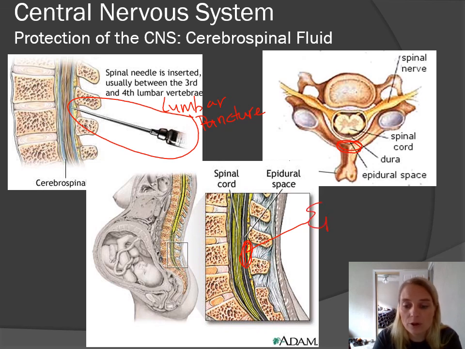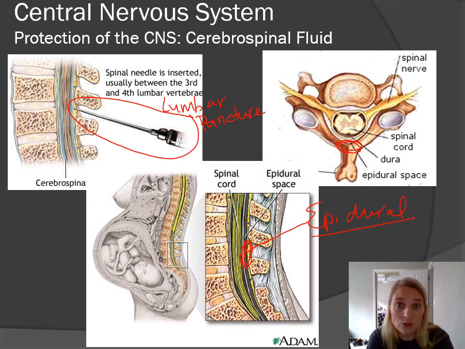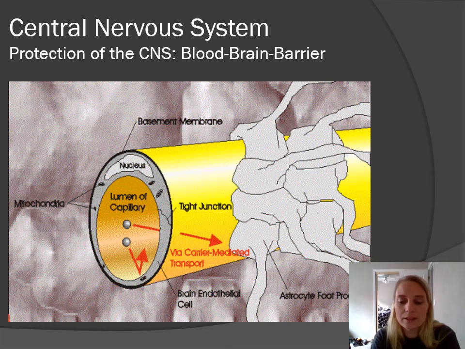A lot of times this process is done for women to help reduce the pain during labor and delivery. So that is associated with the dura mater, the meninges, and this particular region of the protection of the central nervous system. And then the last thing we're going to talk about is the blood-brain barrier.